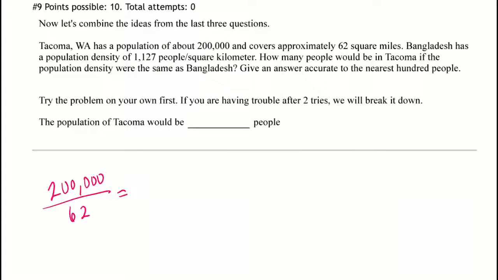So we have a population density of 3225.81, and that's for Tacoma. So if the population density of Bangladesh is 1,127, we want to know what the new population of Tacoma might be.